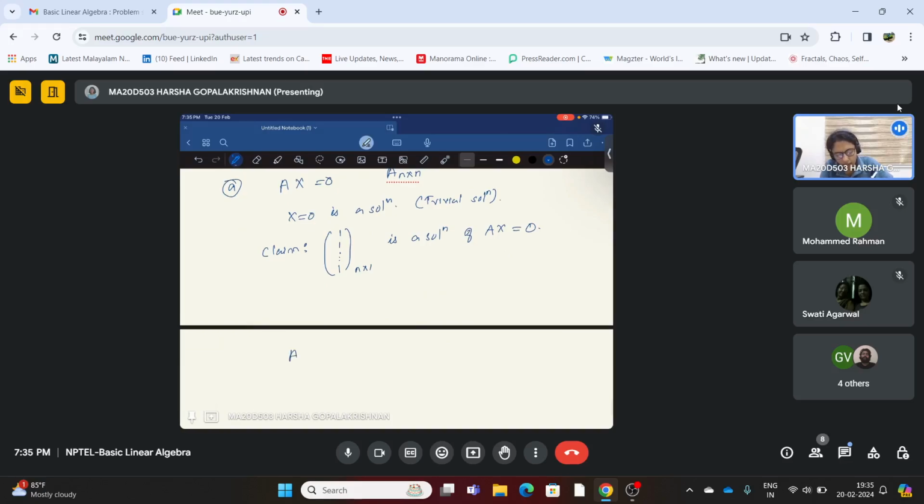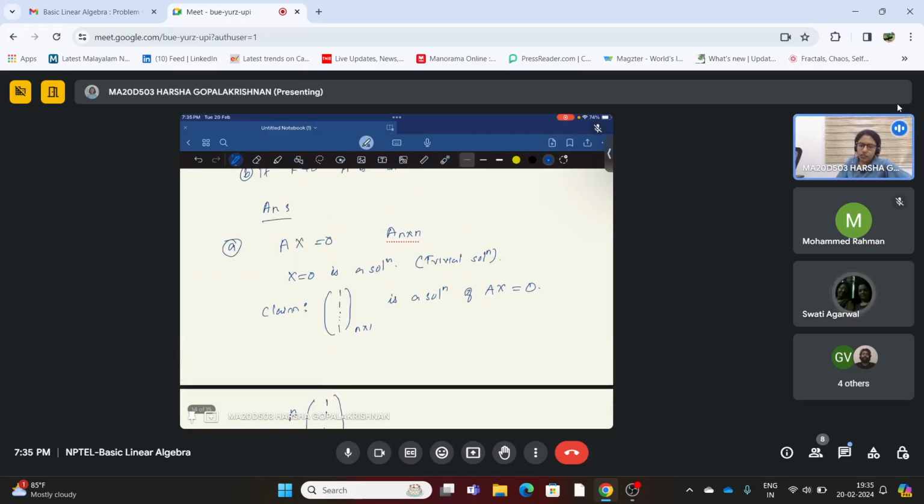What is A into the column 1, 1, ..., 1? Anything multiplied with 0 would be 0, because we have a trivial solution x. Yeah, the trivial solution is there.